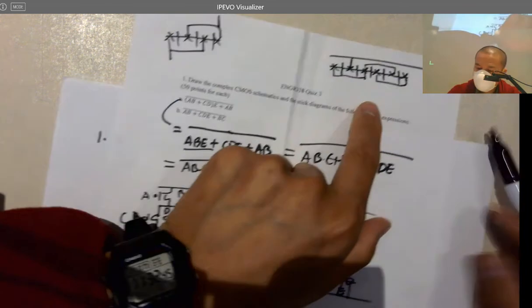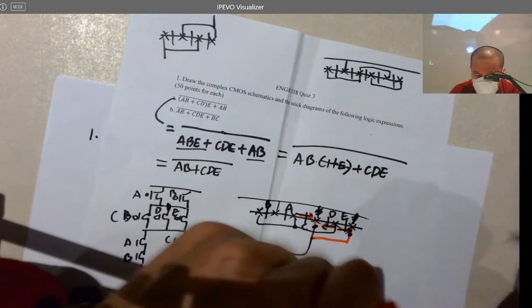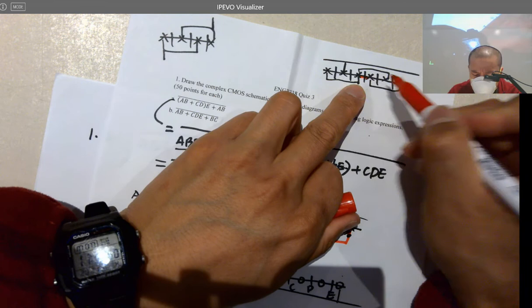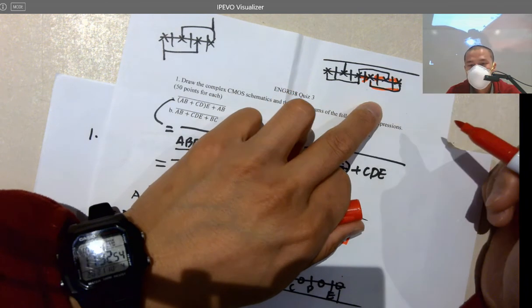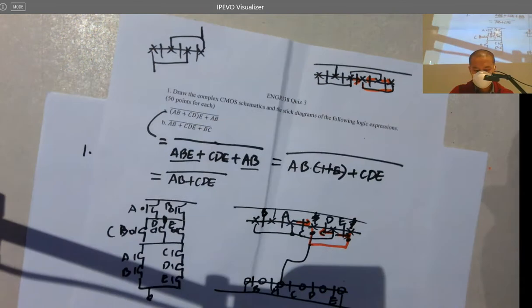But is this correct? Let's check, wait. 1, 2, 3, and merge. Yeah, so that's correct. All right.